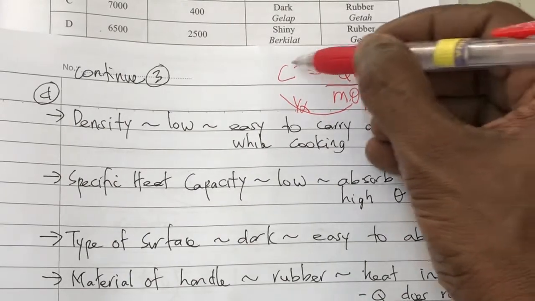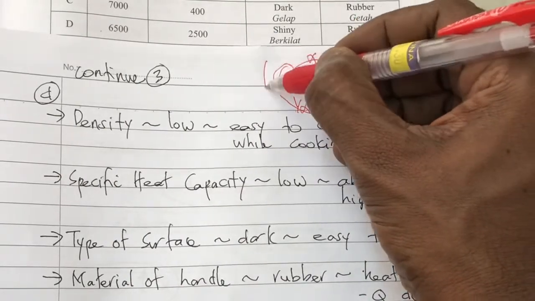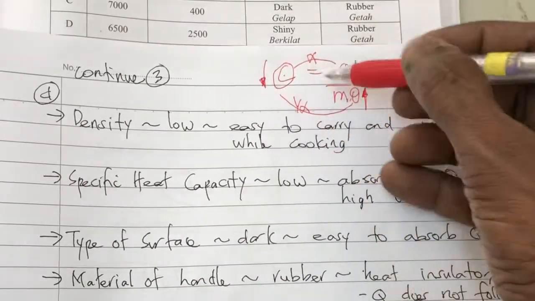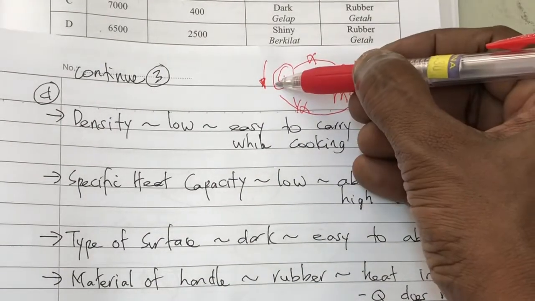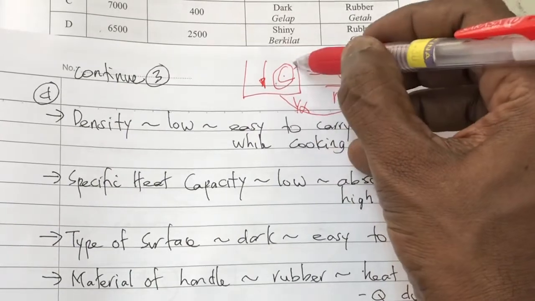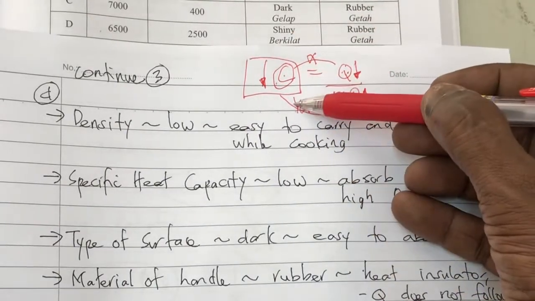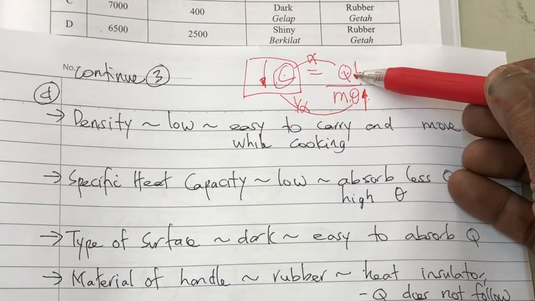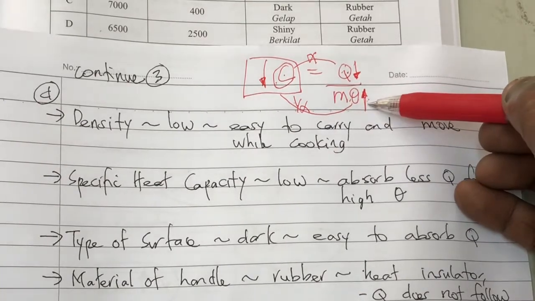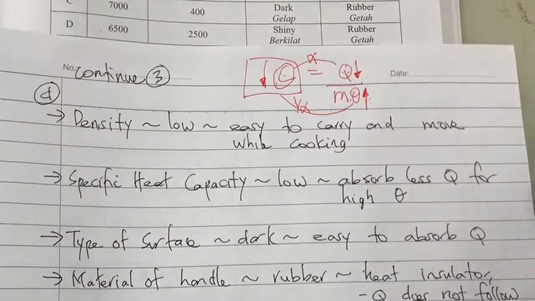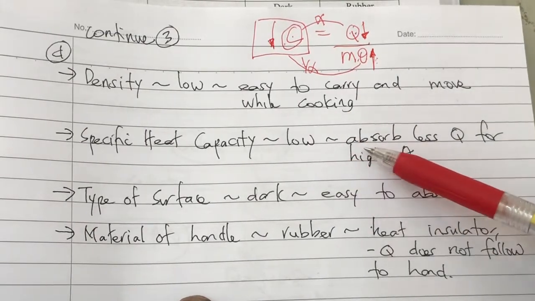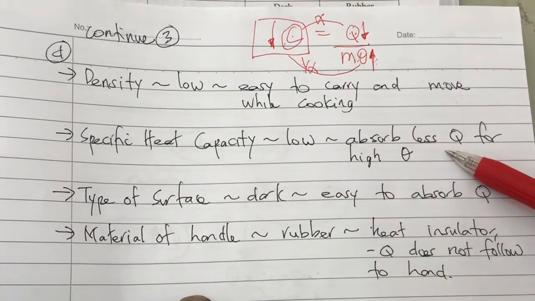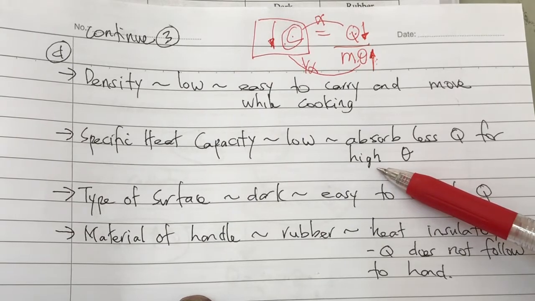So therefore, up and up proportional, the C must be low. At the same time, if the rise in temperature is high, the C must be low. So the C low has two significance. It absorbs little heat only, but the rise in temperature is high. It becomes hot fast. So specific heat capacity must be low. It can absorb less heat for a high change in temperature.